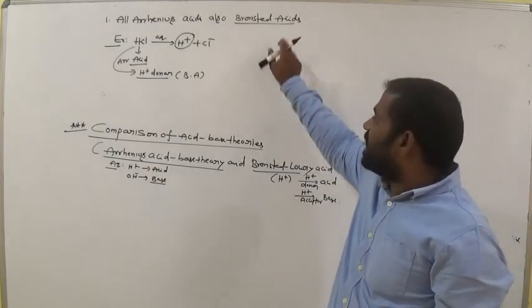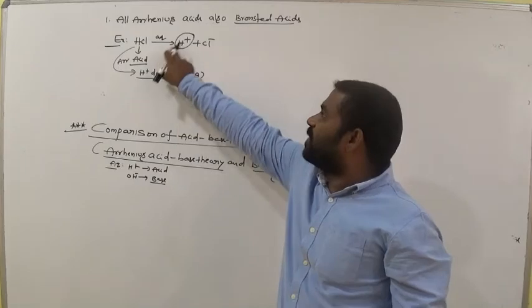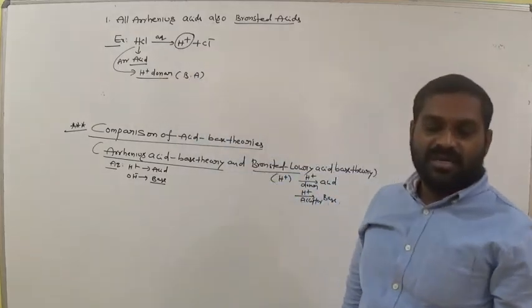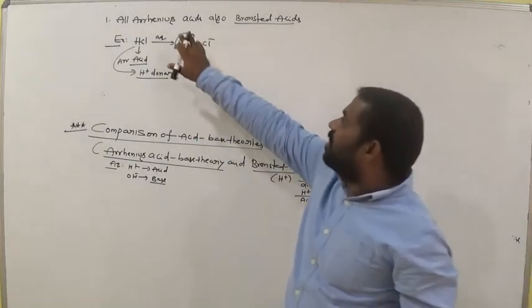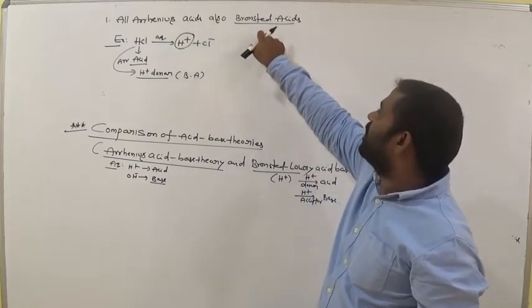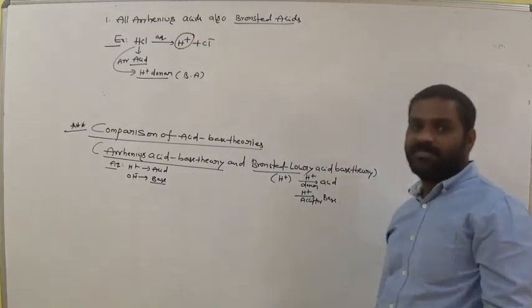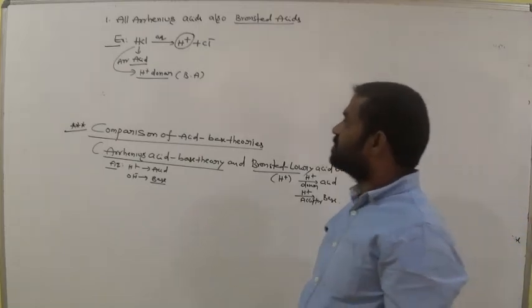And come to Bronsted acid. The compound which donates H plus is called a Bronsted acid. So all Arrhenius acids are also examples of Bronsted acid.